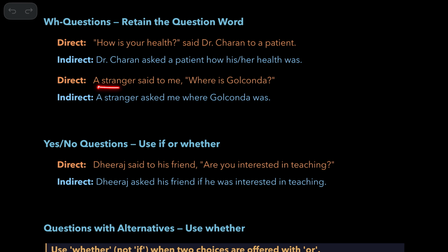A stranger said to me, where is Golconda? A stranger asked me where Golconda was. So, first subject, then the verb in the reported speech. And you must be wondering, can I not use is in both of them? Yes, you can use.